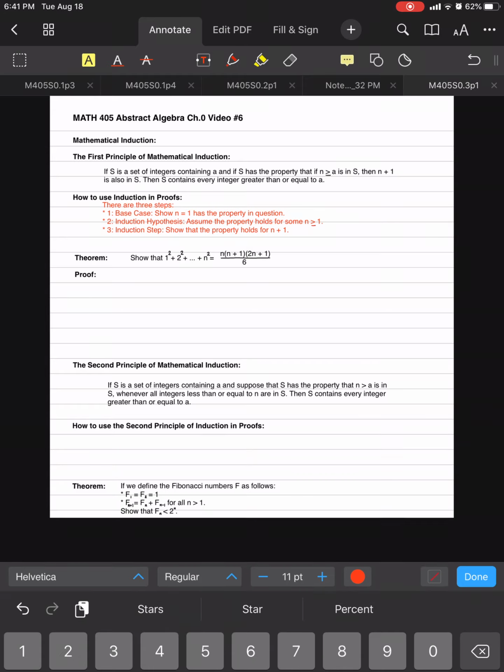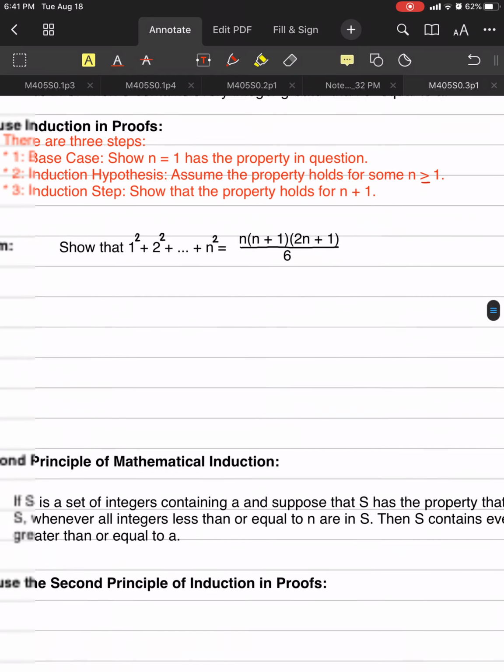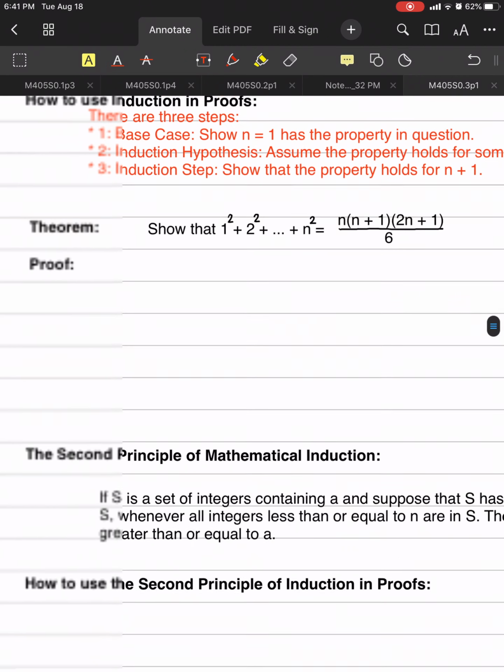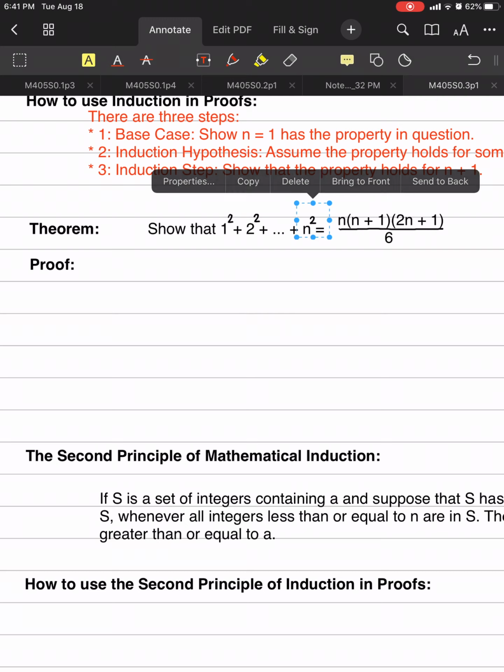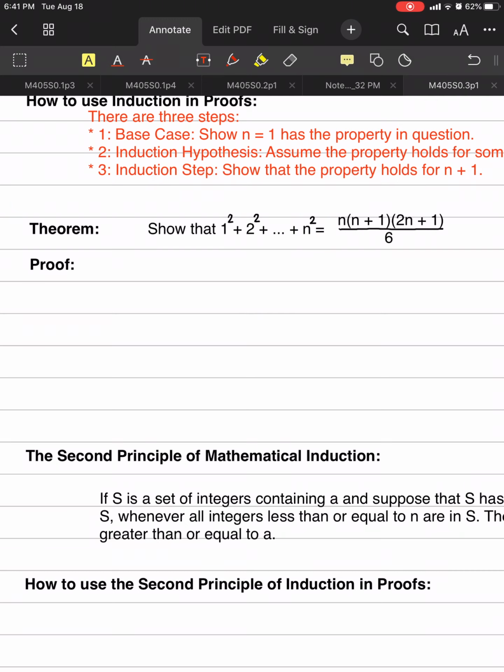So what we're going to do with that is look at this theorem. This is one of the first theorems people usually prove in induction, which is a proof that the sum of the first n squares is given by the formula n times n plus 1 times 2n plus 1 all over 6.